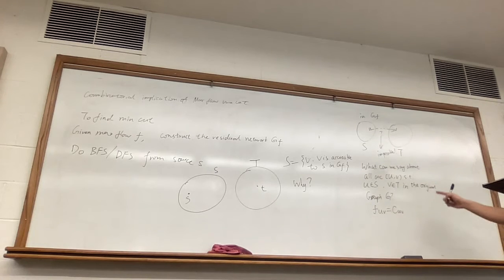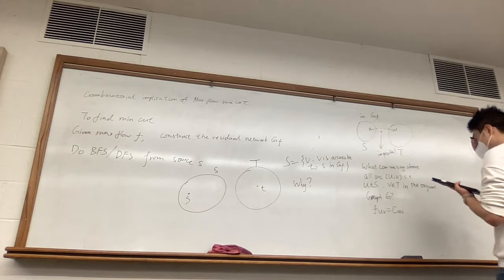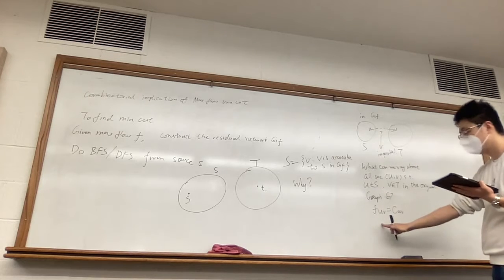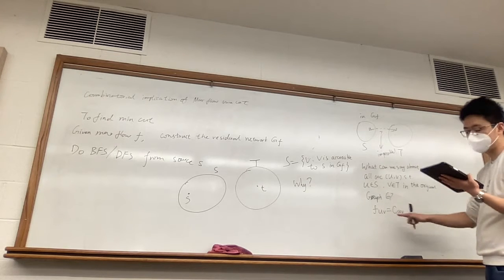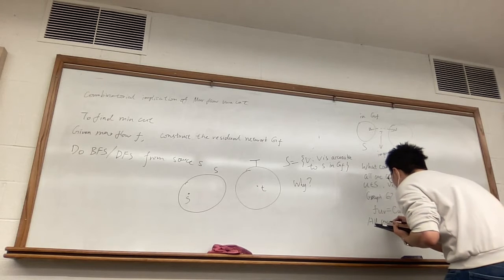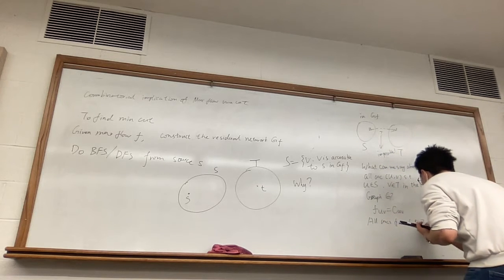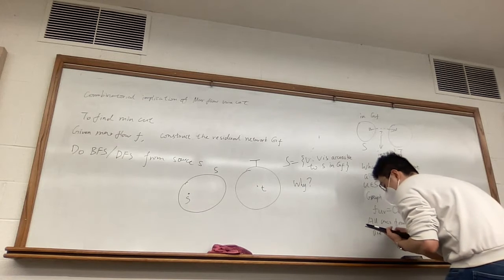Then in the residual network, we only have VU, we don't have UV. So this is the first claim: all arcs from S to T are filled.